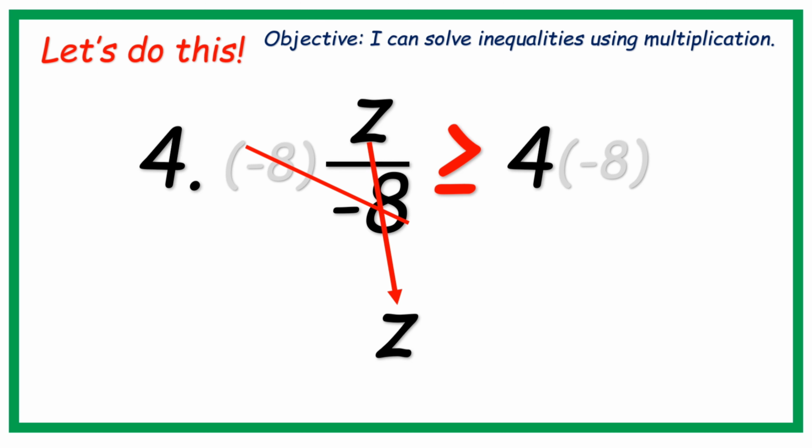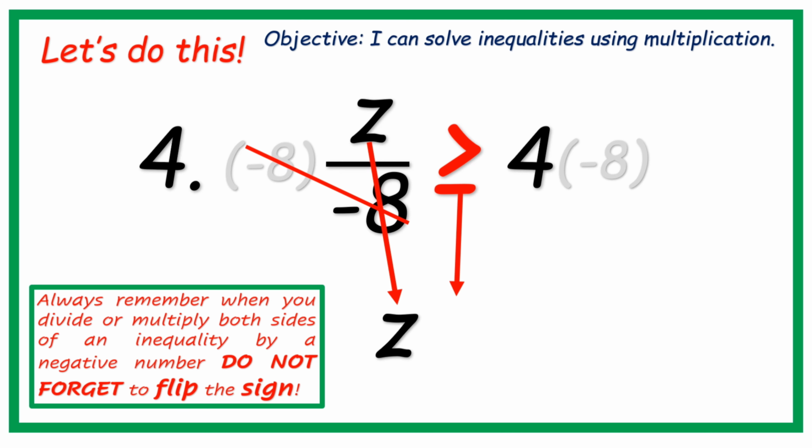Just copy it. Then, you multiply by a negative number. So when you multiply or divide both sides of an inequality by a negative number, do not forget to flip the sign. Is greater than or equal to will become is less than or equal to.